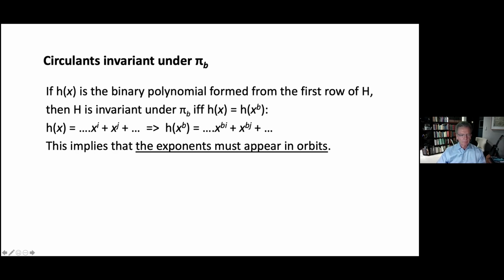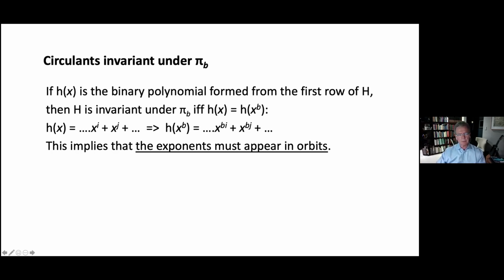So if I have h of x, and then I substitute x to the b in, that's multiplying all the coefficients and the exponents by b. And if that, in fact, is the same thing, it says it's invariant by multiplying the exponents by b. And that's how I can identify it.